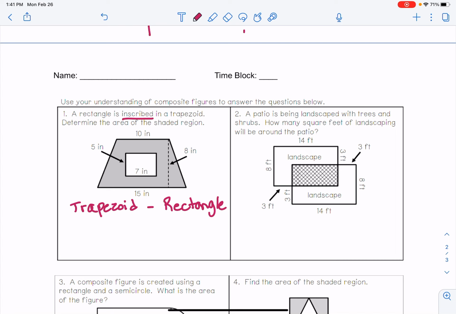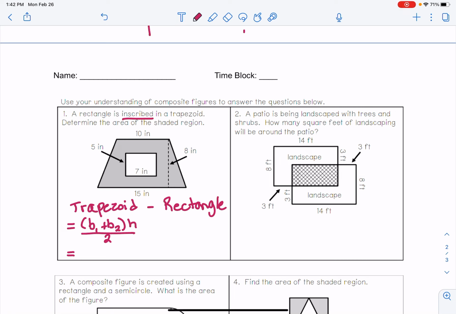So we need to find the area of the trapezoid. Let's start by writing down the formula for the area of a trapezoid. That is adding the two bases, base 1 plus base 2, times the height of the trapezoid, divided by 2. Next is to plug in all of the values, replacing the variables with the numbers they represent.